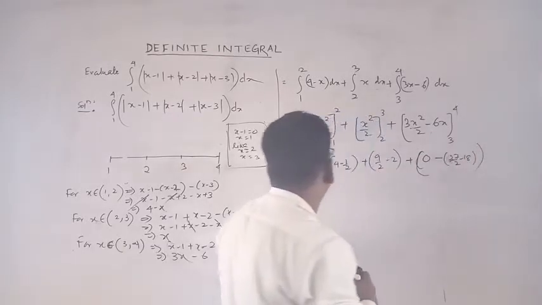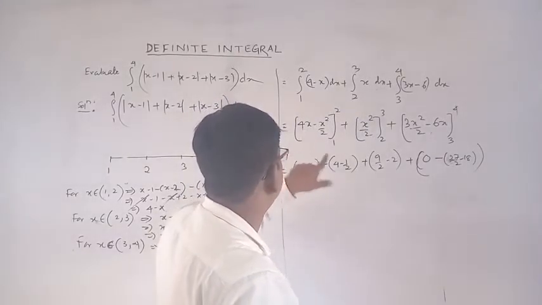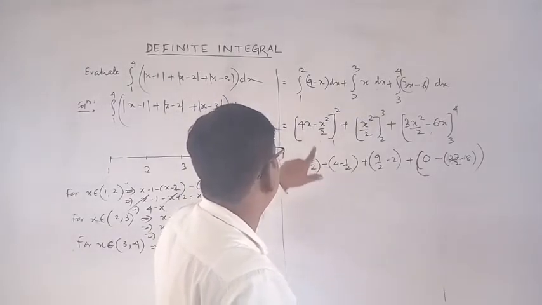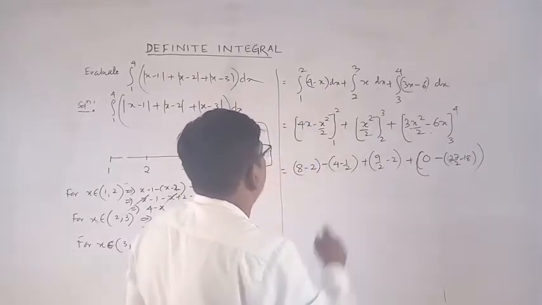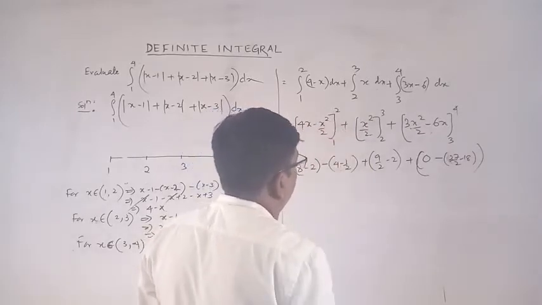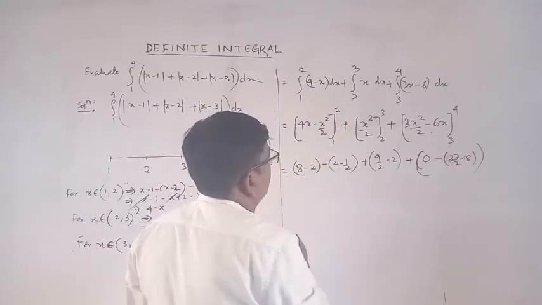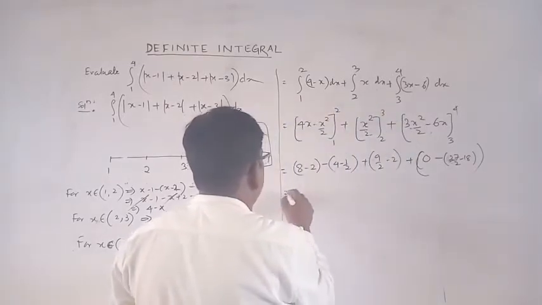Again, recheck. Put the upper limit: 8 minus 2² by 2, correct for this. And this is 0 minus this sum. So the answer is equal to 6.